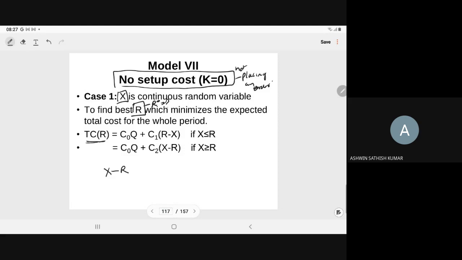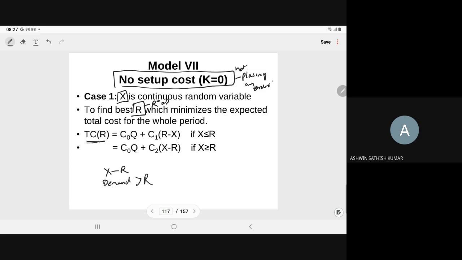What is the significance of the X minus R? R is the desired inventory level, X is the demand. It means demand is greater than the desired inventory level.